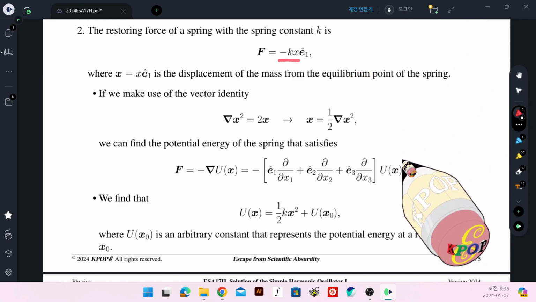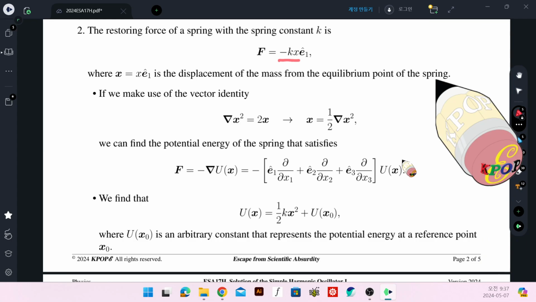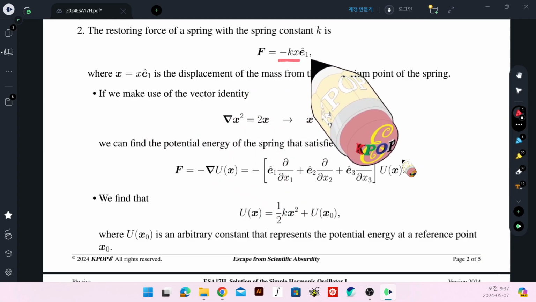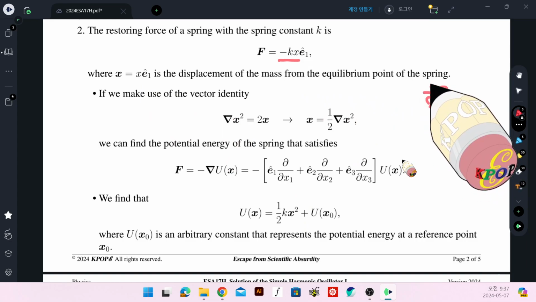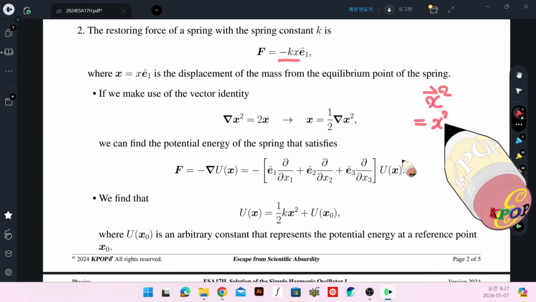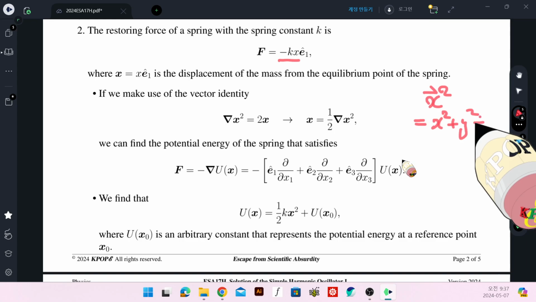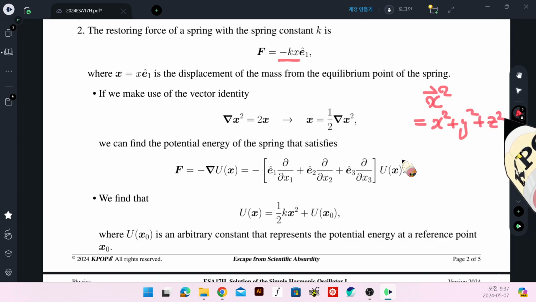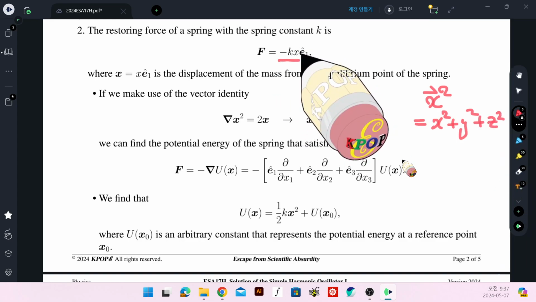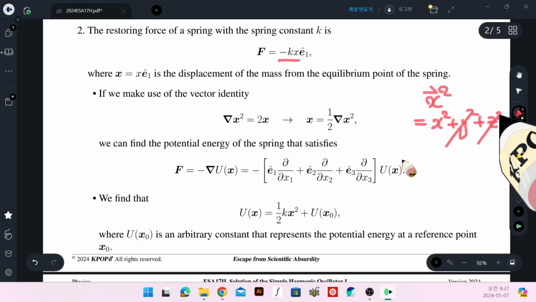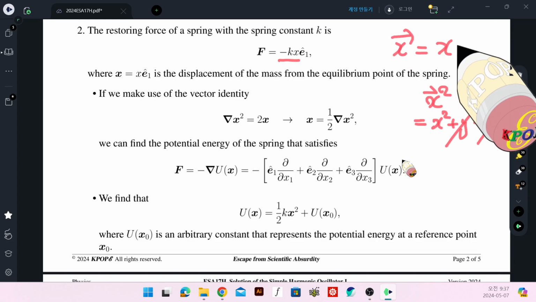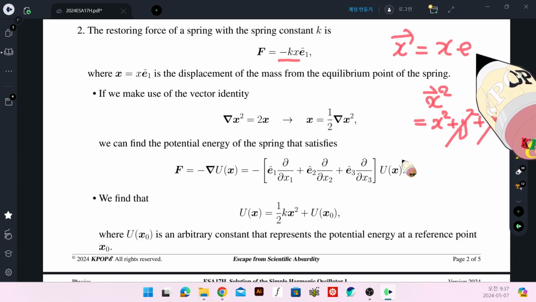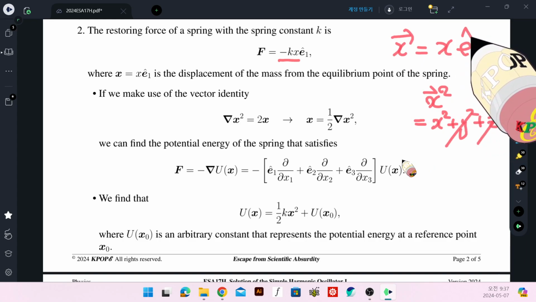We can compute the gradient operator applied to x squared. The vector x squared is x squared plus y squared plus z squared. But we consider the one-dimensional case, so y squared and z squared do not appear because x is nothing but x multiplied by e1 hat.